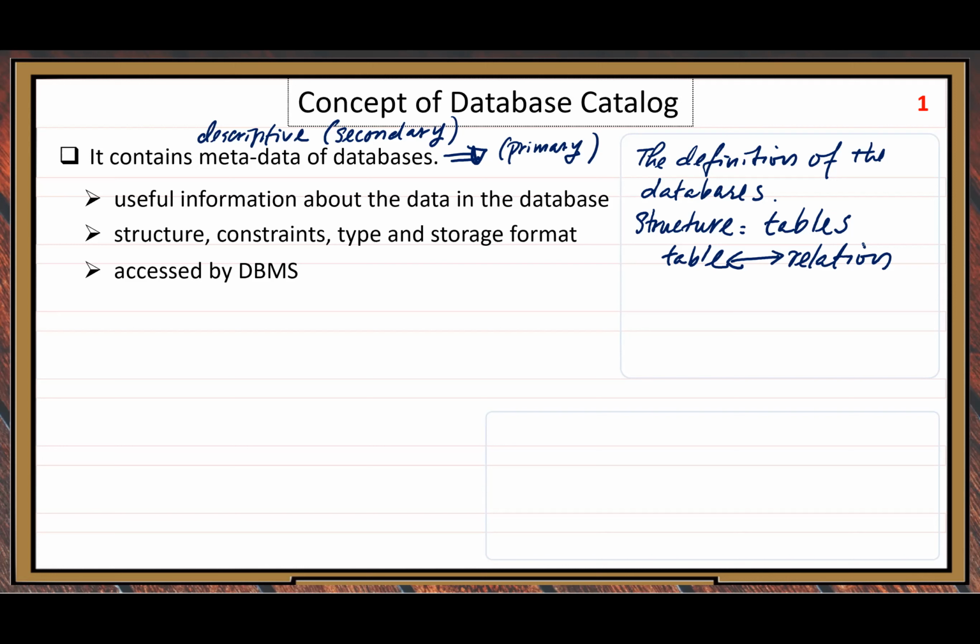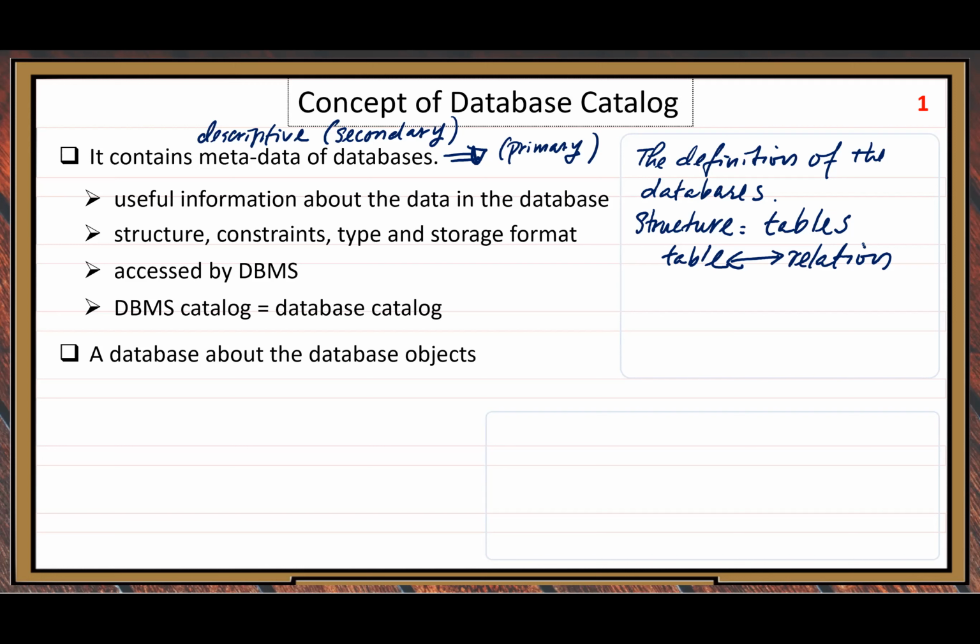Only when you access the metadata through the DBMS will you not cause any damage. Then DBMS catalog and database catalog are the same thing. People just call them different ways.